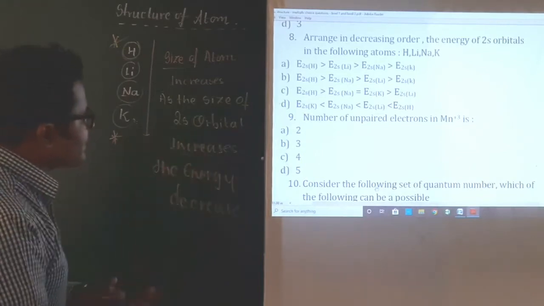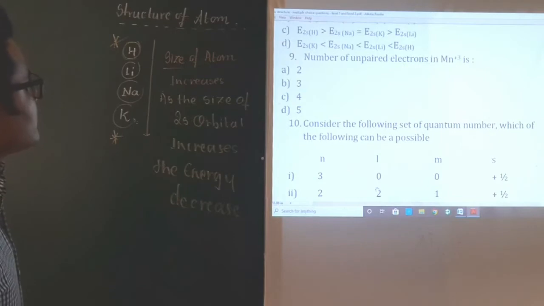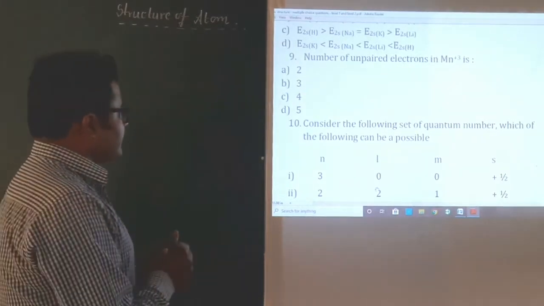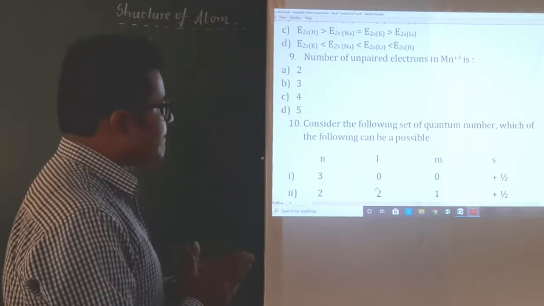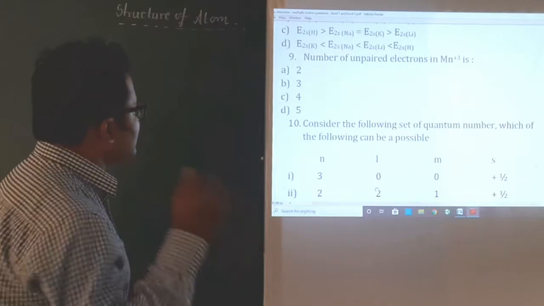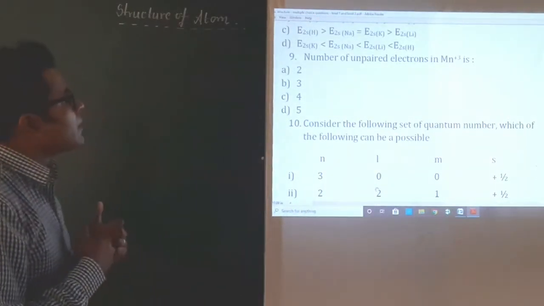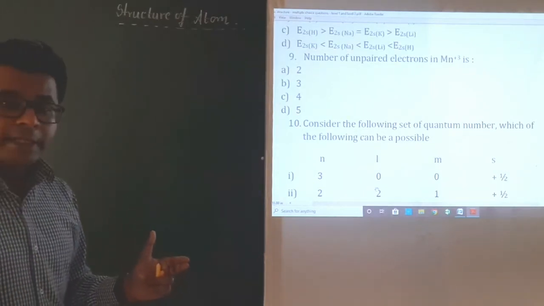Going forward with the next question, that is question number 9. The number of unpaired electrons in Mn plus 3 is 2, 3, 4 or 5. Alright. Now, in order to understand this, first again we need to understand the atomic number.